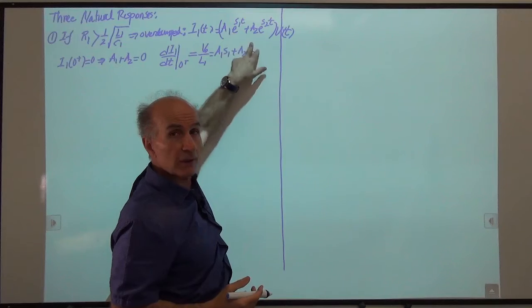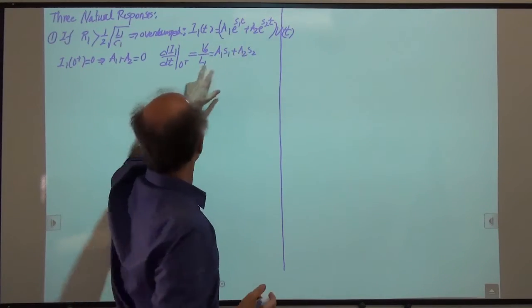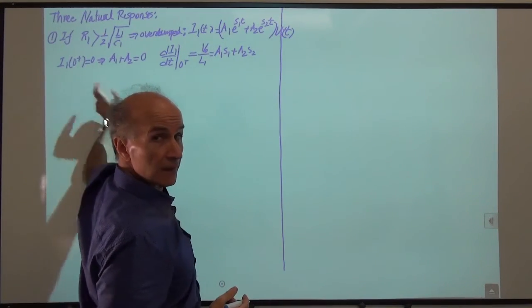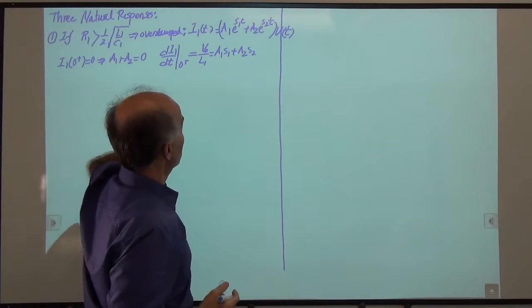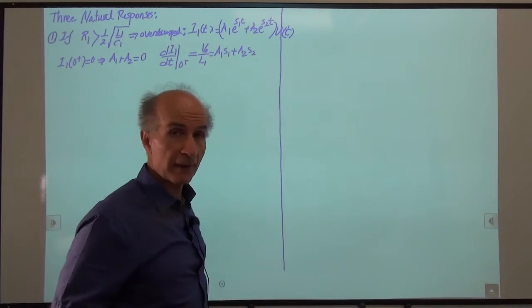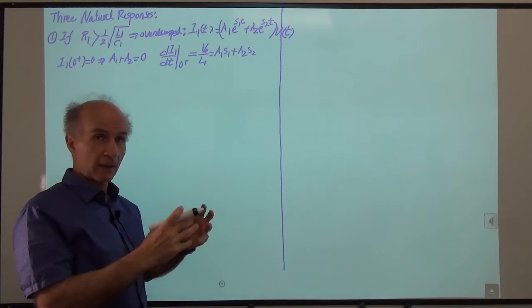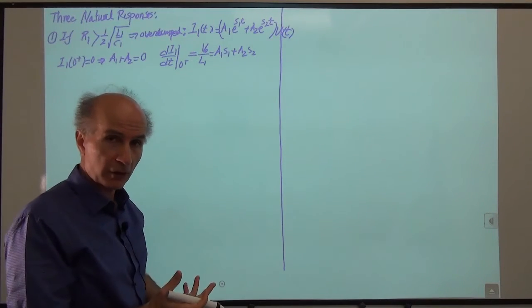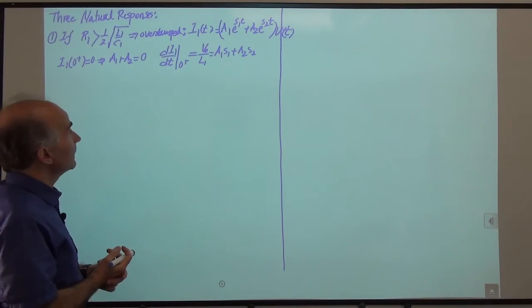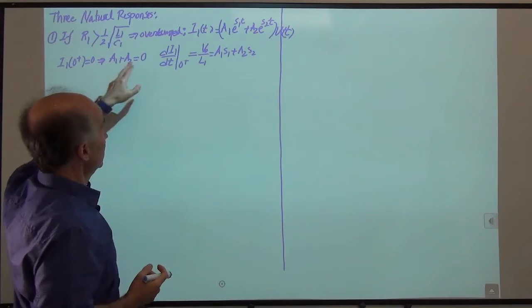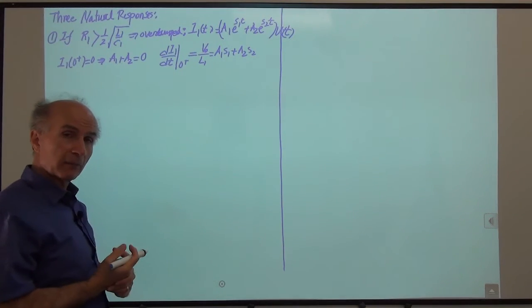How much is this whole thing at time 0? 0, because it comes from this condition. So we don't worry about that impulse. It has an area of 0, so it goes out of the picture. From these two equations, we can find A1 and A2, and now we have the complete solution.